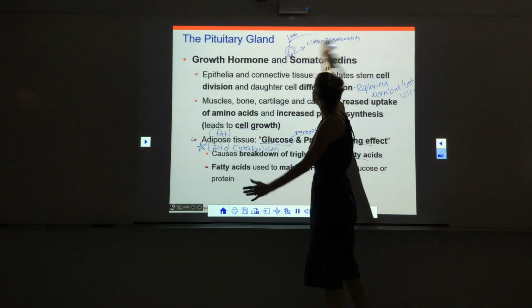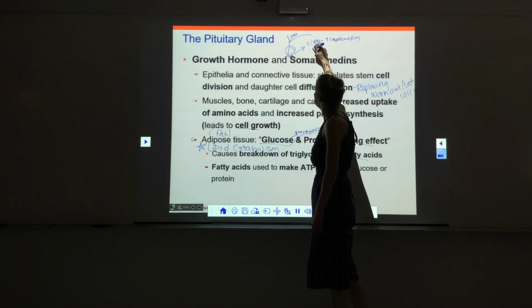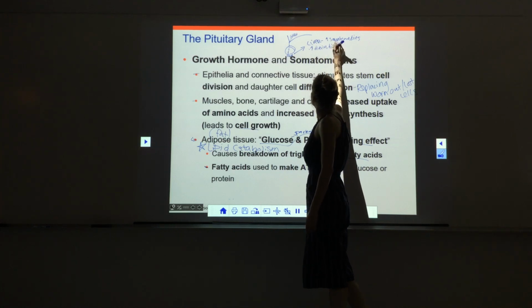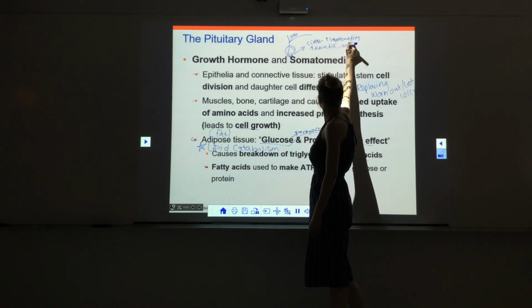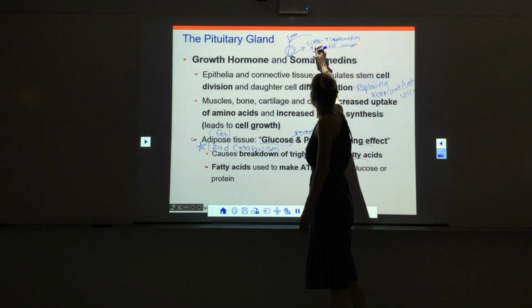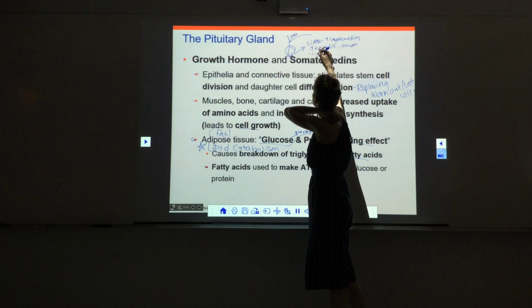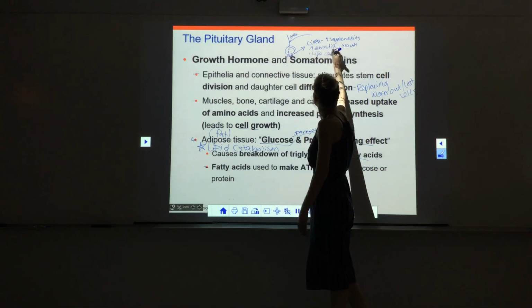Okay, and then it goes to lots of other cells, and it tells other cells to divide, right? So it increases cell division, differentiation, and growth. And then what does it do at adipose? What kind of effect does it have with the lipids? It increases lipid catabolism.